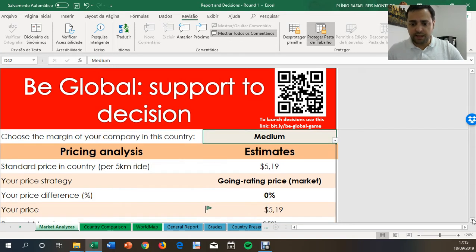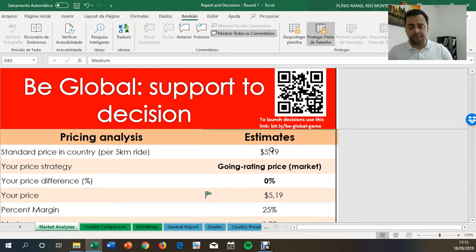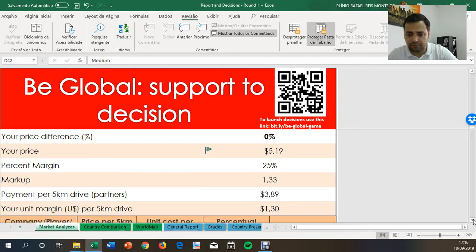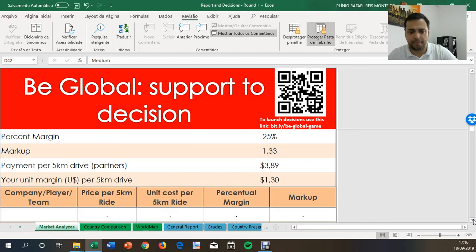So this means that the price of the 5 kilometer ride will be $5, and basically 25% of this ride will become profit for my company, and basically I will receive $3.89 for this company here.